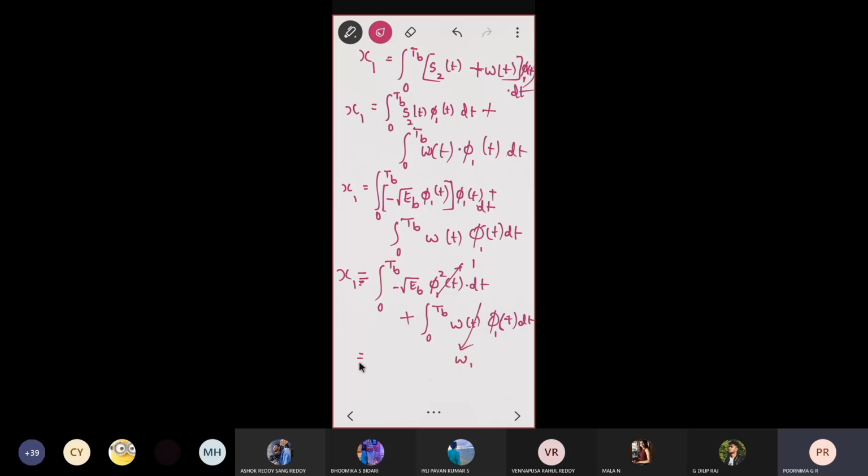So if you rearrange this expression, x1 is equal to the integral from 0 to Tb of minus root Eb into dt, plus W1. The integral of a constant is root Eb into Tb.